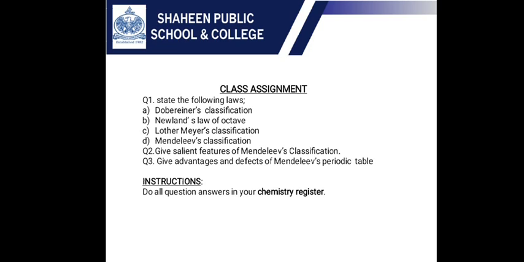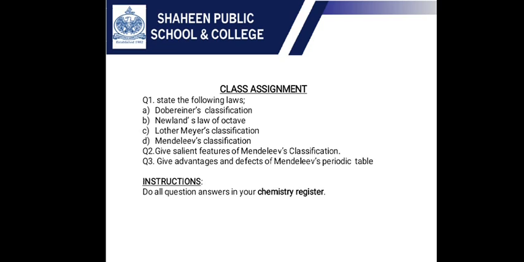Point number 3, he left many vacant spaces for undiscovered elements. He predicted the physical and chemical properties of some elements like Eka-boron, Eka-aluminium and Eka-silicon. Point number 4, he corrected the atomic masses of many discovered elements.